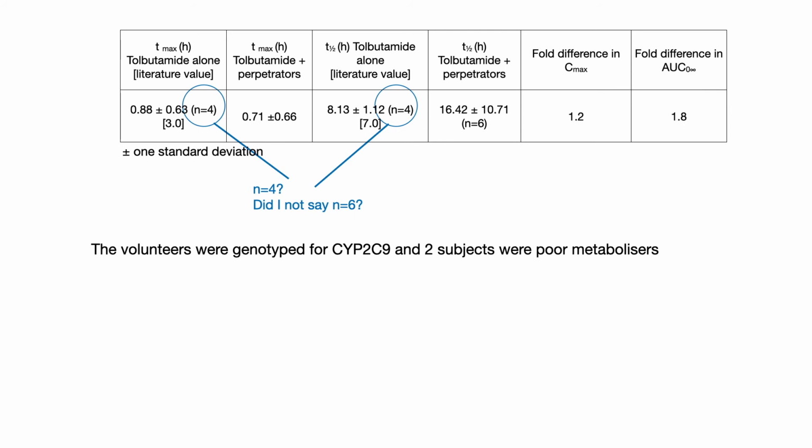And when we looked at the CYP2C9 genotypes, we discovered 2 subjects were poor metabolizers. 4 were wild type, 2 were poor metabolizers. Now, if you're not sure what poor metabolizers mean, you need to look at the video on polymorphism.